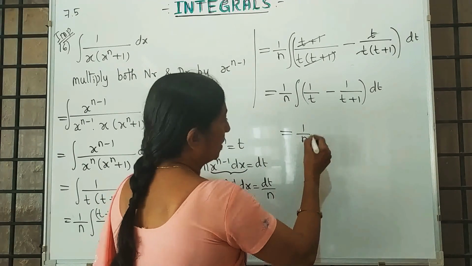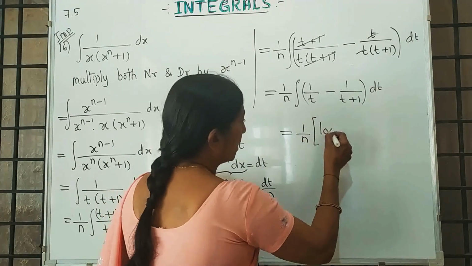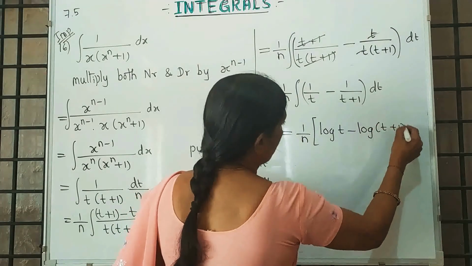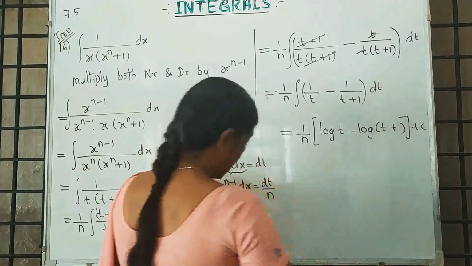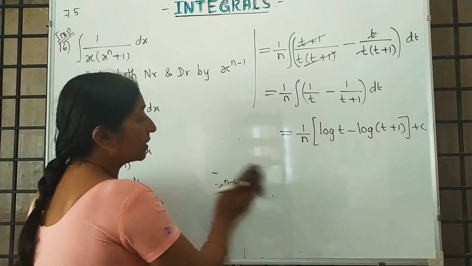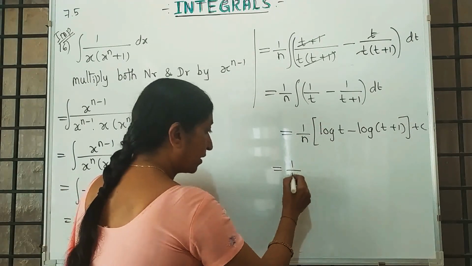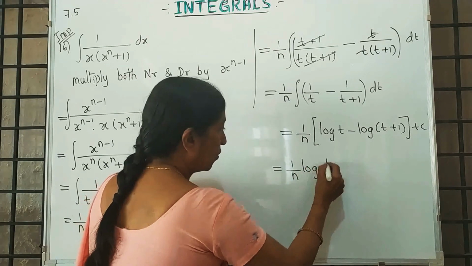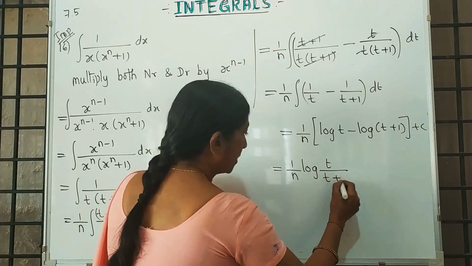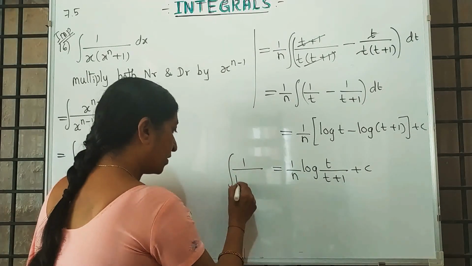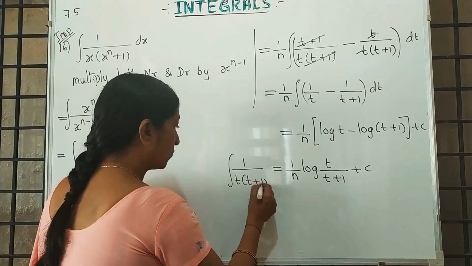1 upon n in the bracket log t minus log t plus 1 plus c. The bracket term is in the form of log m minus log n. 1 upon n log of t upon t plus 1 plus c. This is 1 upon t into t plus 1 into dt.